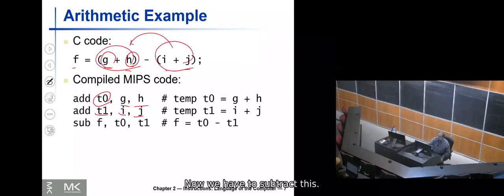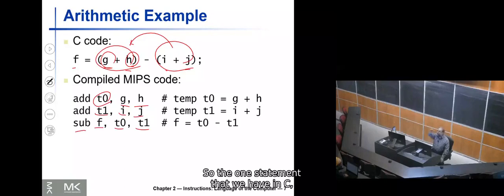Now we have to subtract these. So sub T0 and T1, and the result goes to F. So the one statement that we had in C translated to 3 different instructions in assembly. Okay, any questions?